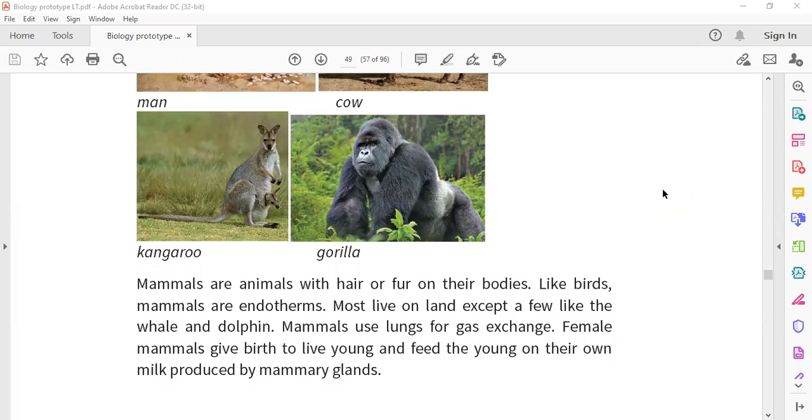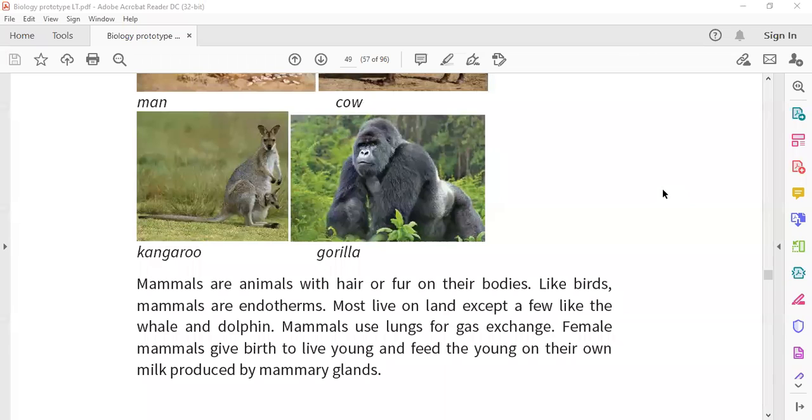But being longer, they cannot keep the fetus in their uterus for a long period of time. So they release a younger one, which is not fully developed and cannot live on its own. That's why it goes in the pouch to feed on the milk produced by the mother inside there. Then after that, it will leave and another one will enter, okay?